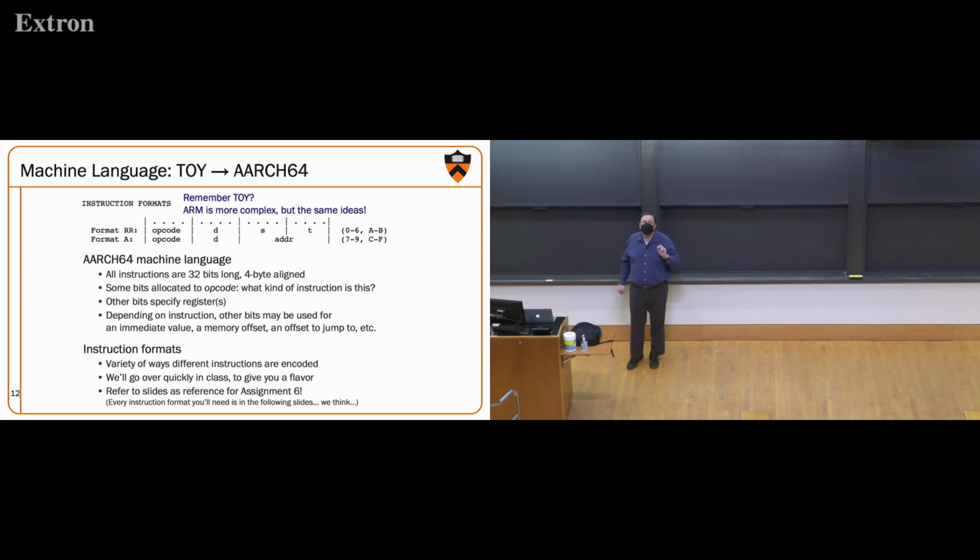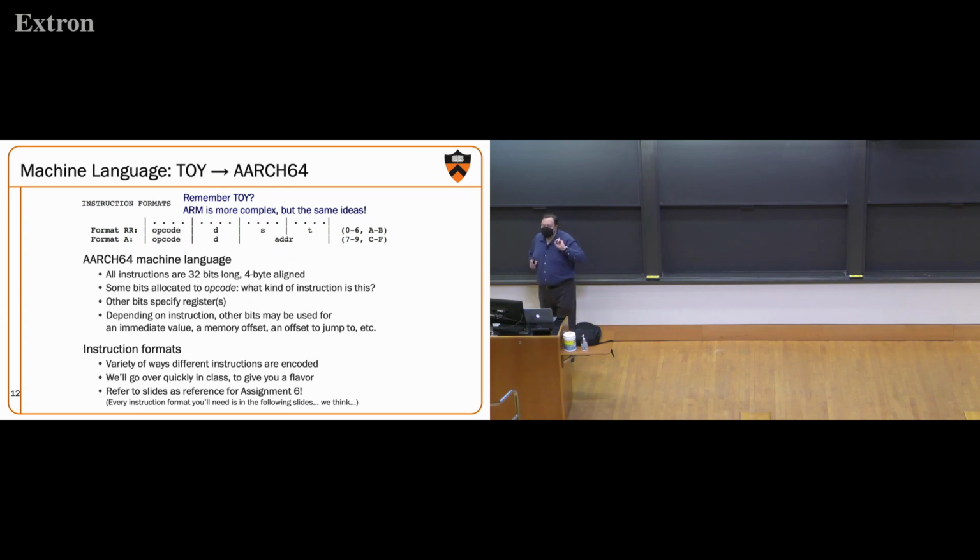That is a variable length instruction format, where some instructions are 8 bits long, and some instructions can get up to, what is it? At least a dozen bytes long. I mean, they can get pretty massive. So variable length depending on which instruction it is. Not the case here. All of the instructions are 32 bits.